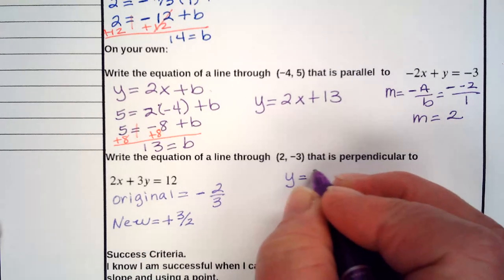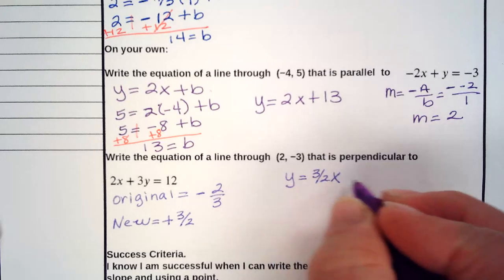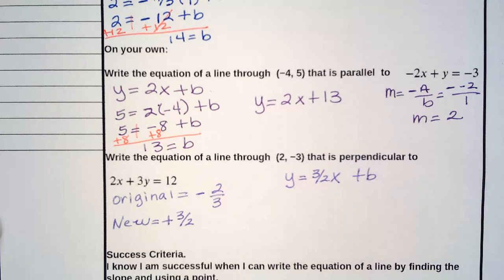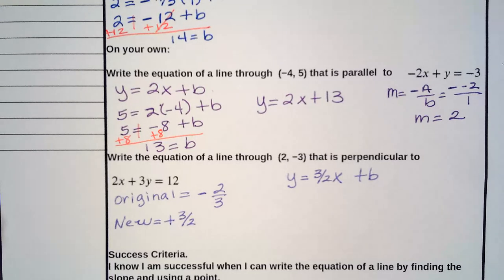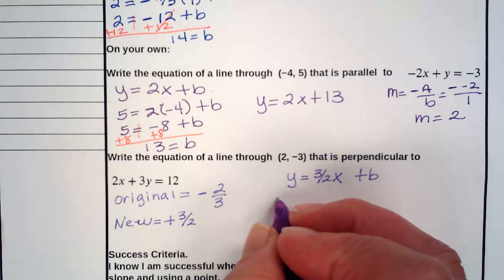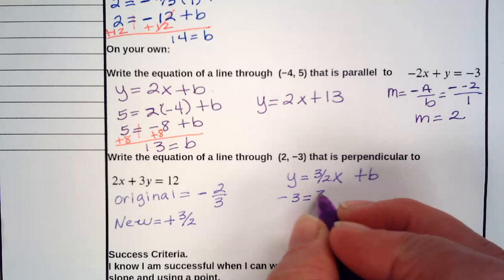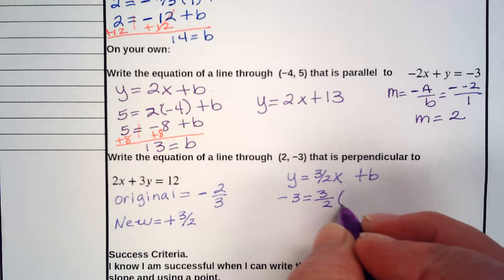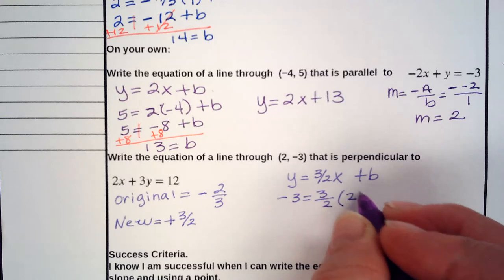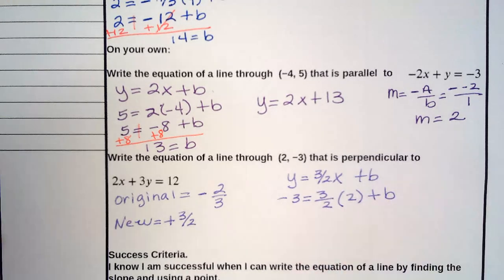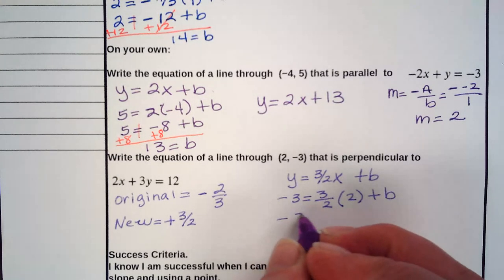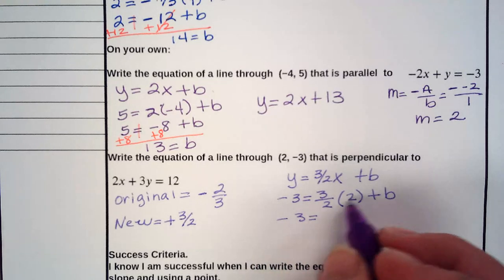Y is equal to 3/2x plus b. But we've got an x and a y. We can find b. Negative 3 is equal to 3/2 times 2 plus b. Negative 3 is equal to, the 2's cancel out, 3 plus b.